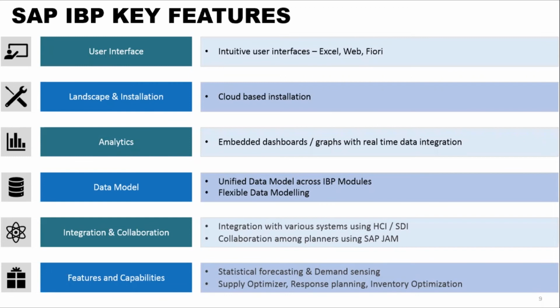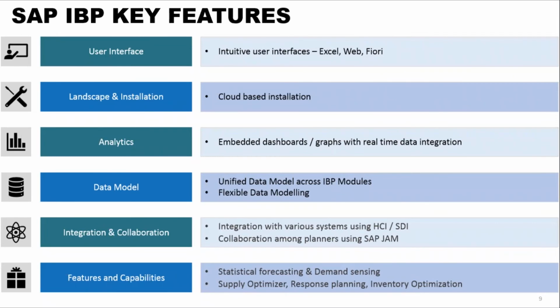Or if you want to do demand planning in one model, supply planning in another model, and inventory planning in another model, that is also possible. So if you want all the features in one model, that is a unified data model, or if you want individual ones, then flexible data modeling is there. Both options are there when it comes to the IBP data model.